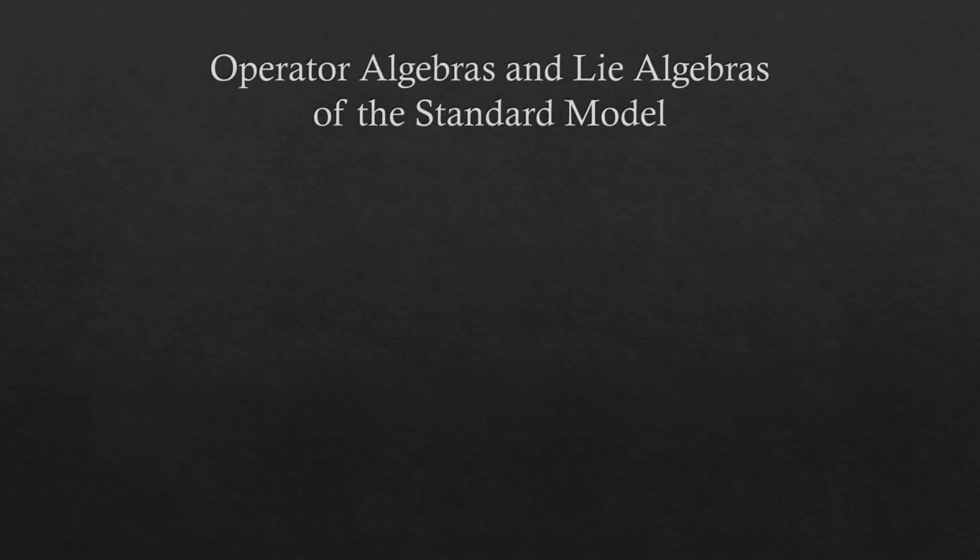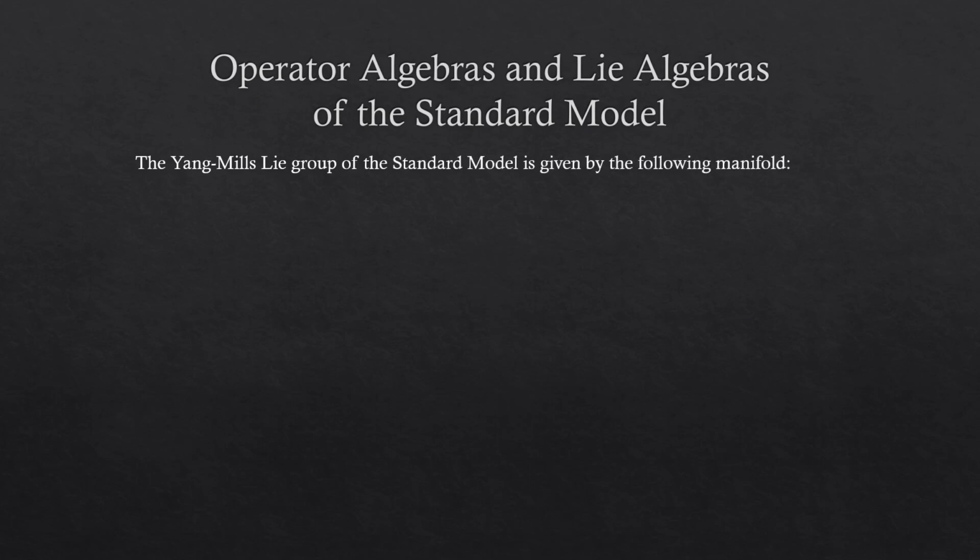Now let's consider general operator algebras and the idea of Lie algebras in regards to this standard model. So the Yang-Mills Lie group that we're concerned with, SU(3) × SU(2) × U(1), is a manifold that we call capital G. It's a Lie group because it's both a group and a continuous manifold for which we can infinitely differentiate across all points.